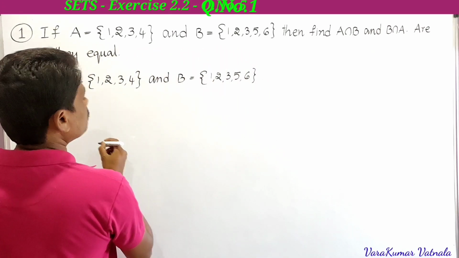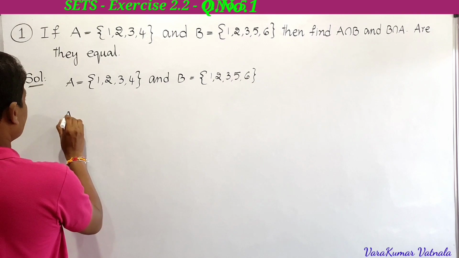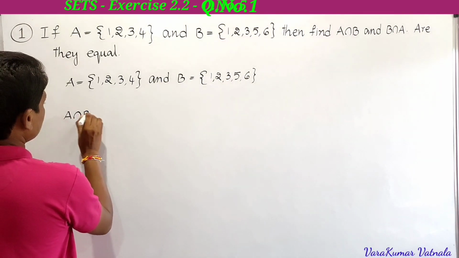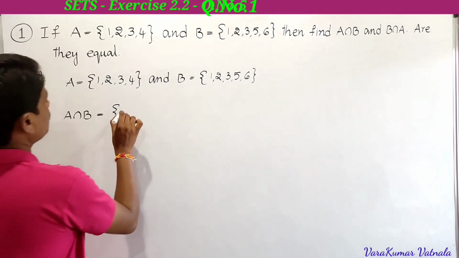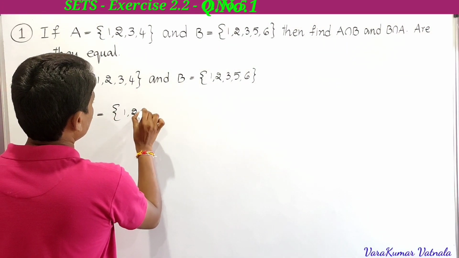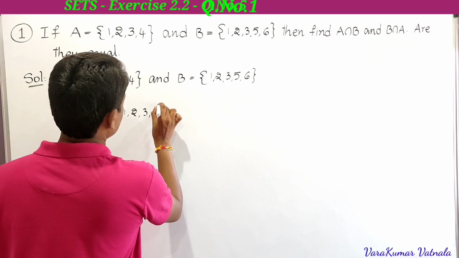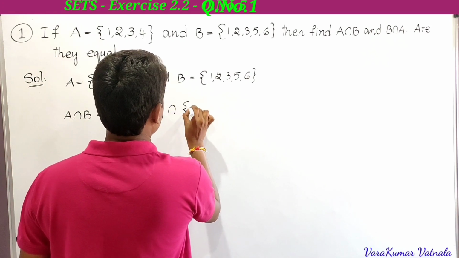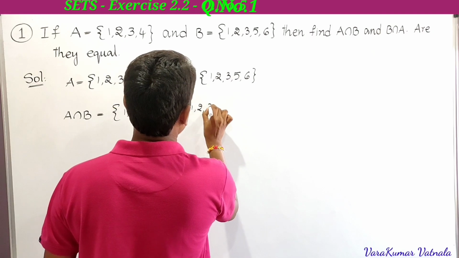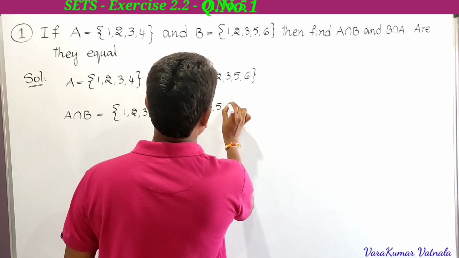So first he is asking to find A intersection B. A intersection B is equal to. So first write set A. Set A is what? 1, 2, 3, 4. This is A. Intersection. What is B? B is 1, 2, 3, 5, 6.